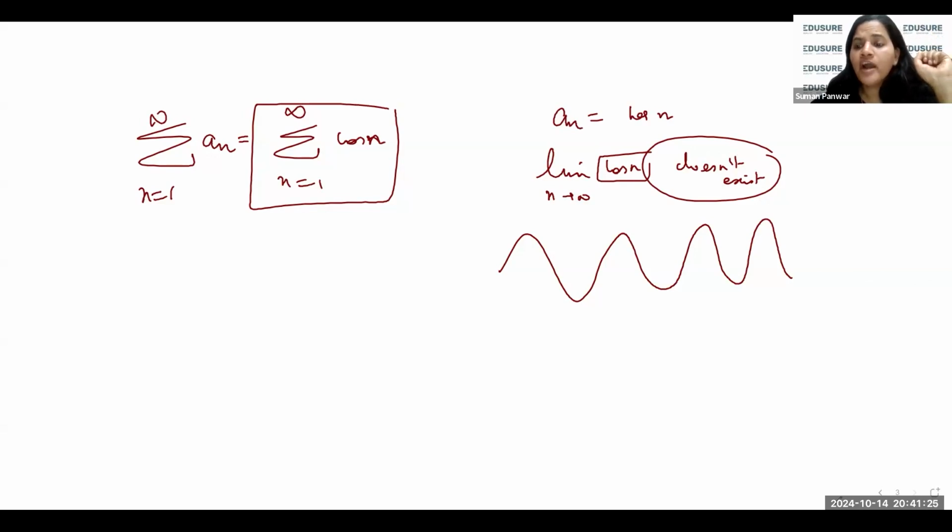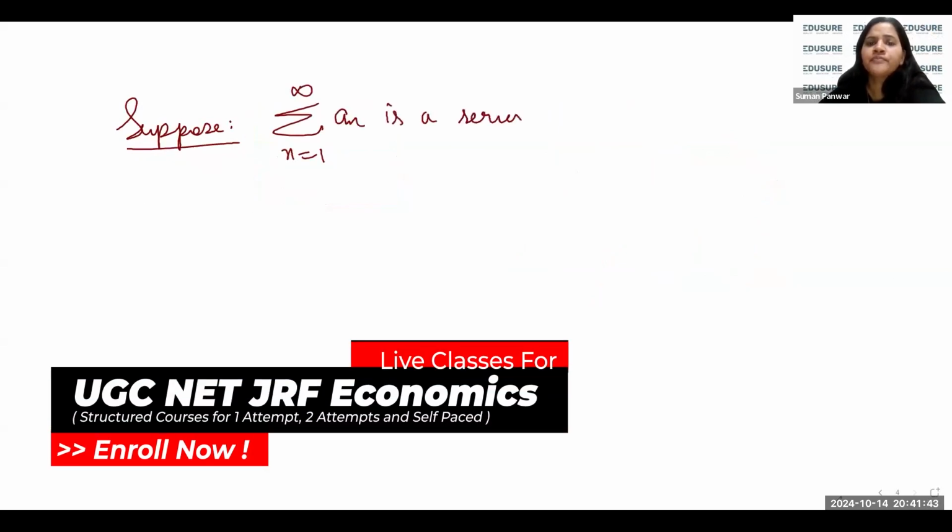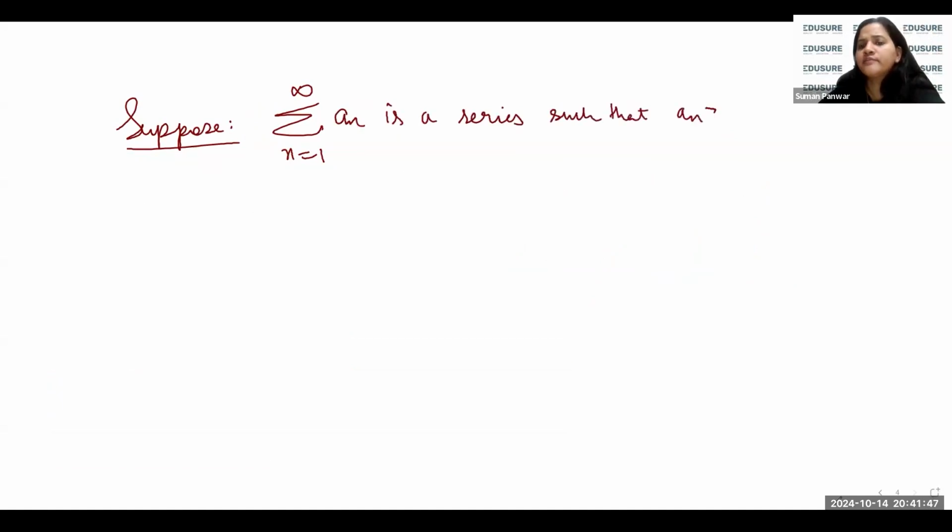Now we have other ways to check the convergence of a series. Suppose sigma n going from 1 to infinity a_n is a series such that a_n is positive. So suppose you have a positive term series.